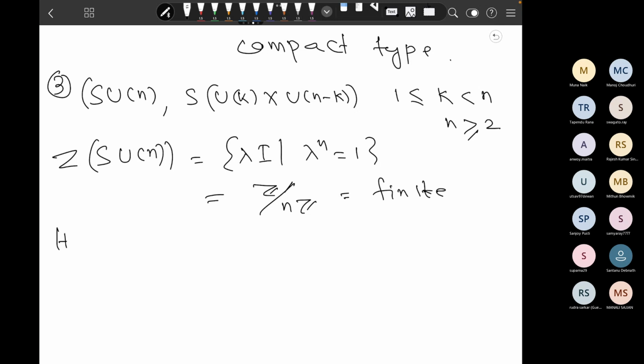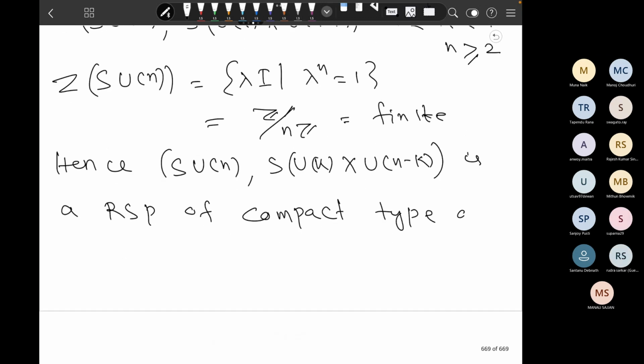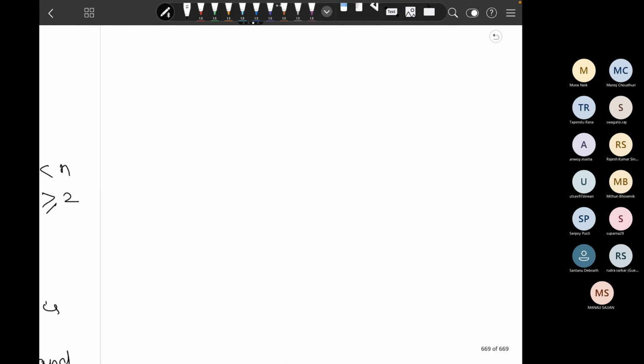And hence this SU(N) over S(U(K) × U(N−K)) is a Riemannian symmetric pair of compact type, and in this case this was the complex Grassmannian, and the corresponding RSS, Gr_K(C^N), is of compact type.